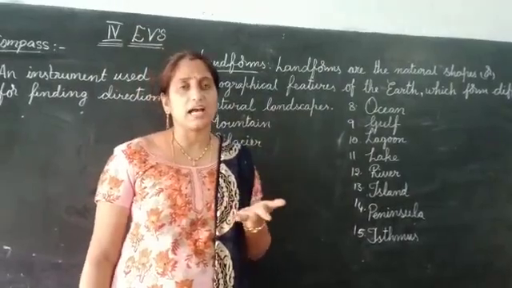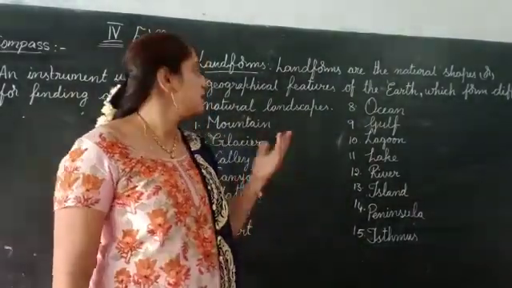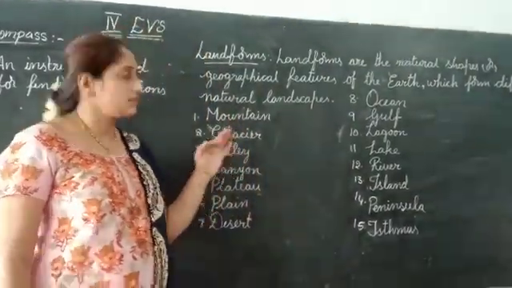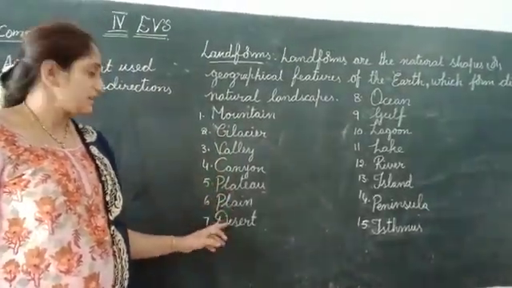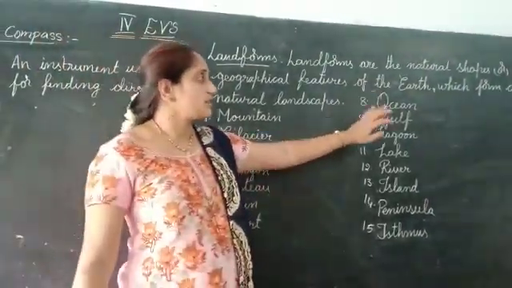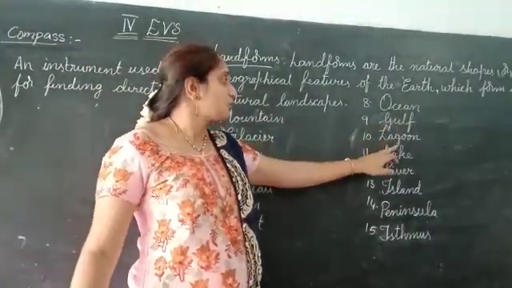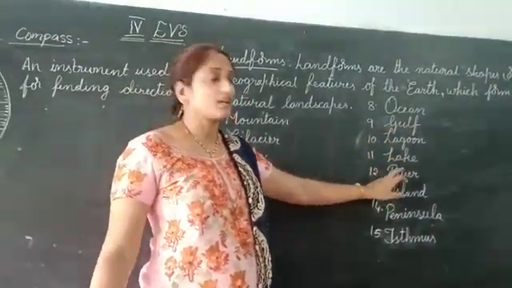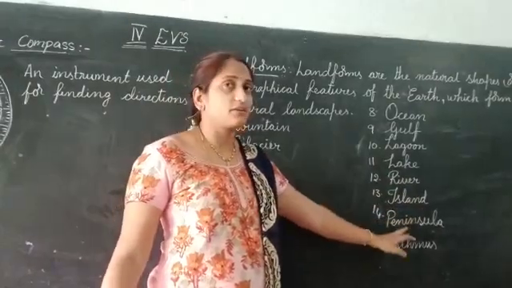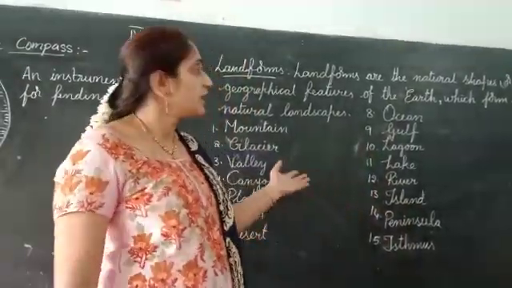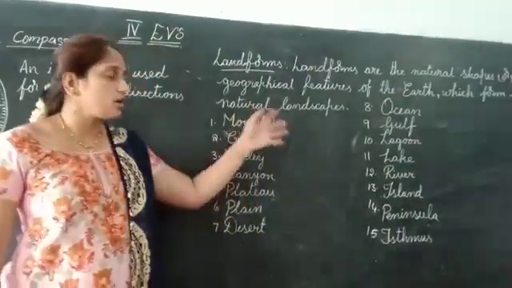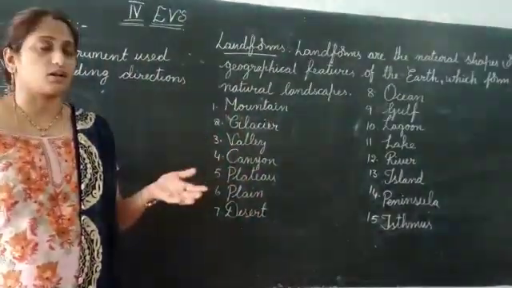We have many landforms in our country like mountain, glaciers, valley, canyon, plateau, plain, desert, ocean, gulf, lagoon, lake, river, island, peninsula, isthmus. We see all these landforms in our country.